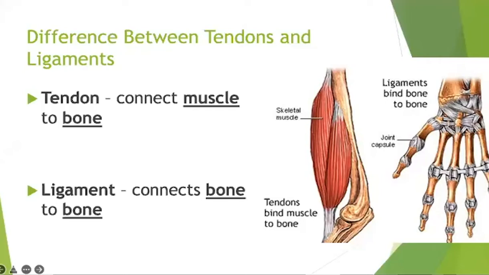Ligaments are a short band of tough, flexible fibrous connective tissue, which connect two bones or cartilage, or they hold together a joint. You can see here in the picture, the tendon is right here, the muscle here, and there's a bone that will be in your elbow. And then the ligaments here are in your hand. They hold together a joint. So one of the most common ligaments you've probably heard of is the anterior cruciate ligament in the knee.